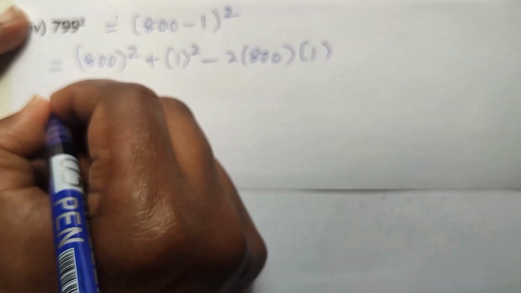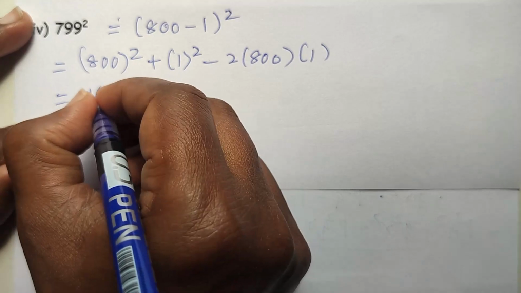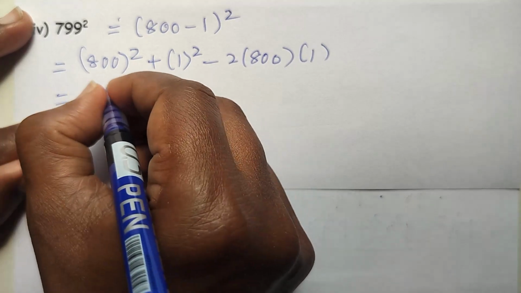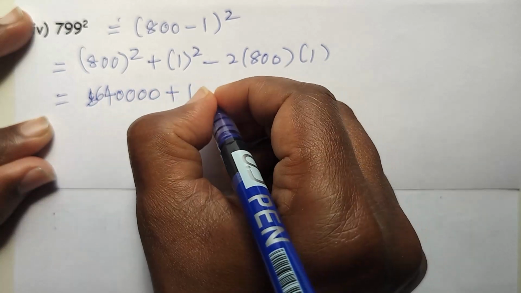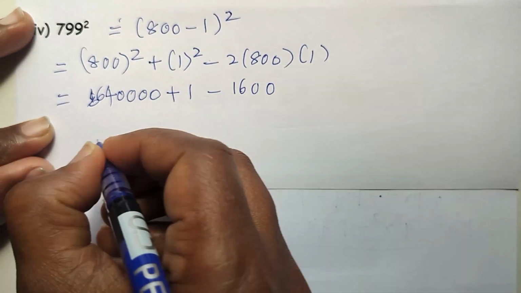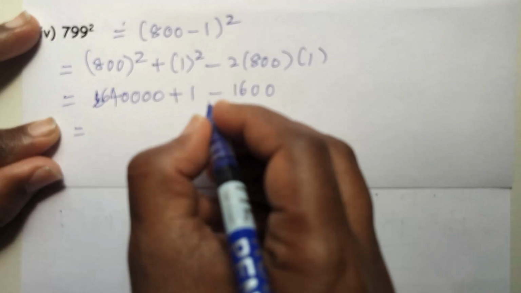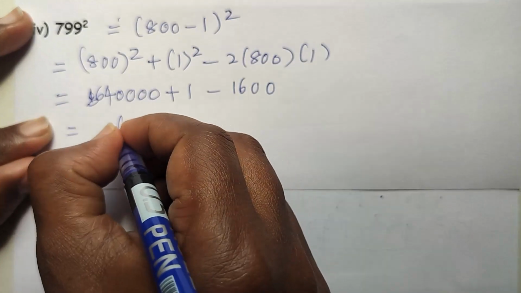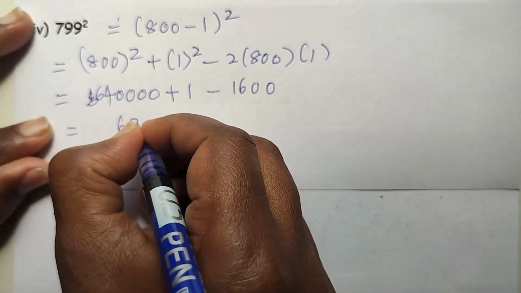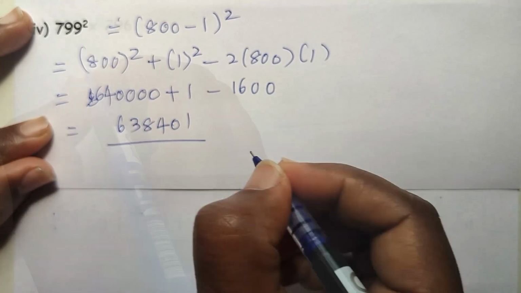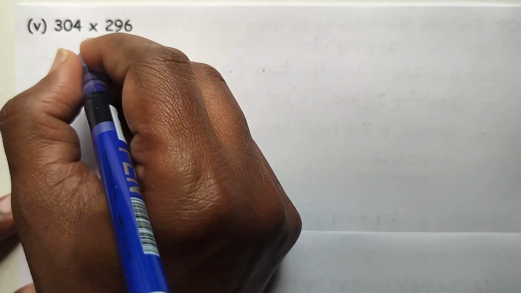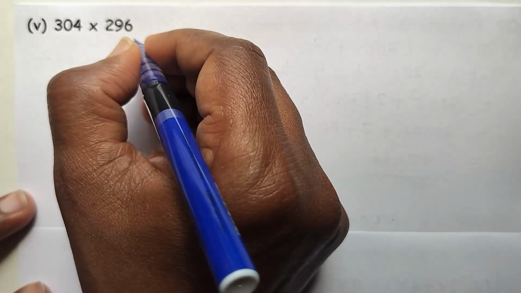So that will be here 8 square means 640,000 here plus 1 here minus 1600. So when you are going to minus, it will be 638,401 here.